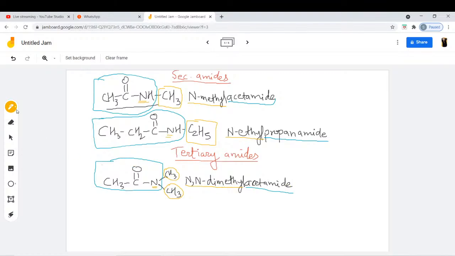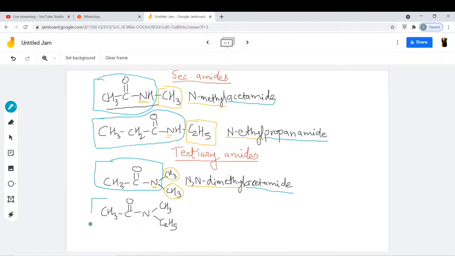If there is 1 methyl and 1 ethyl, then, like CH3, C double bond O, N, and 1 methyl and 1 ethyl. Now what do we call it?